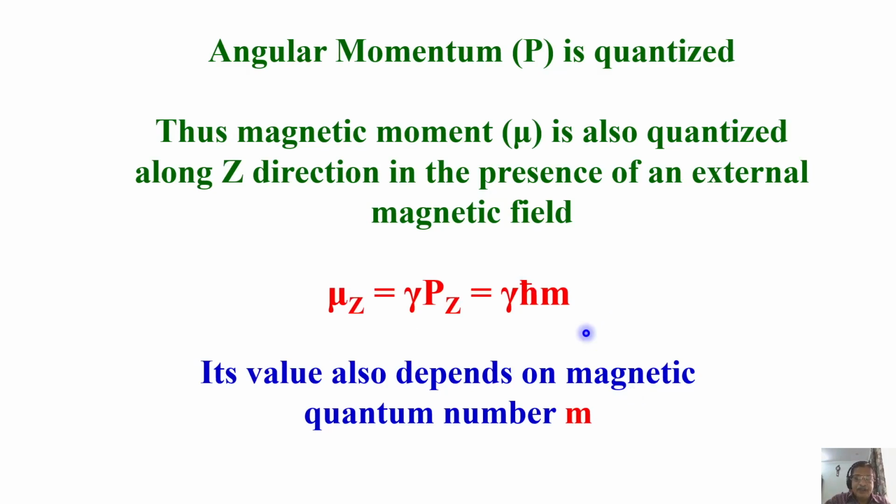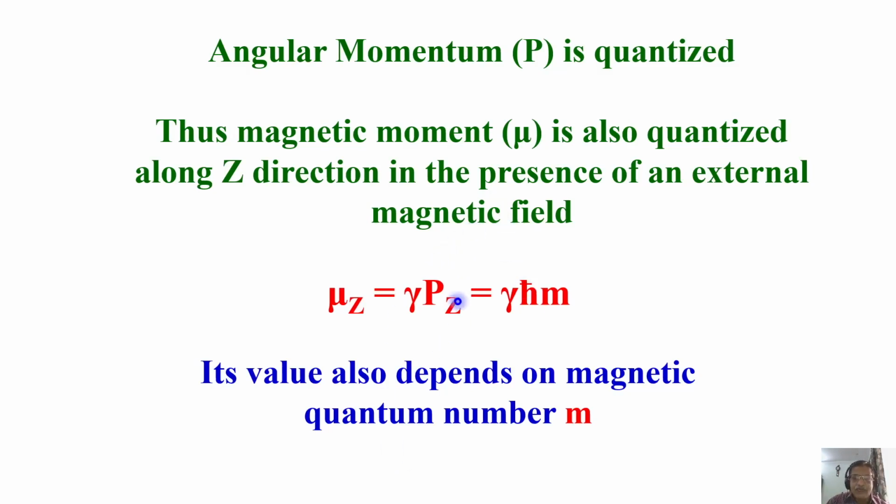Please understand. We have come to some level where we have understood angular momentum P was quantized. We got the Z component of angular momentum, which was quantized. We understood the direction of quantizations. And then afterwards, we introduced the term mu. We know mu is equal to gamma into P. That was the equation I gave you. Because mu is proportional to angular momentum, the proportionality constant was gamma.